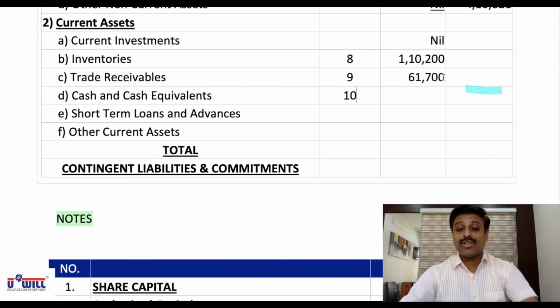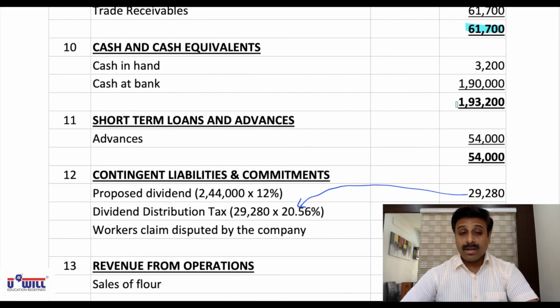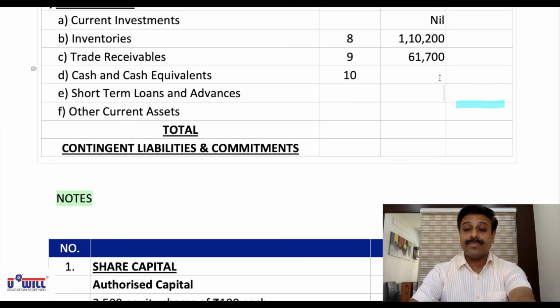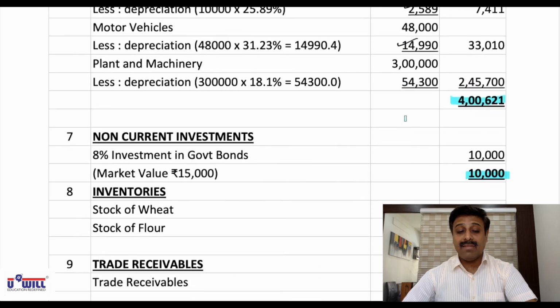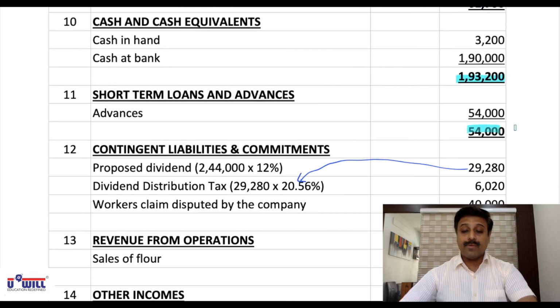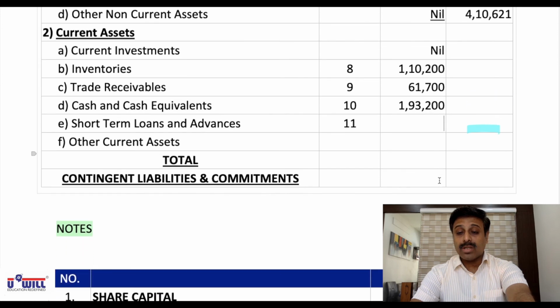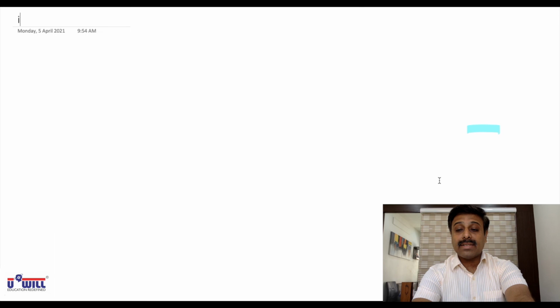Then cash and cash equivalents from note number 10, 1,93,200. Then short-term loans and advances from note number 11, 54,000. And other current assets we don't have.